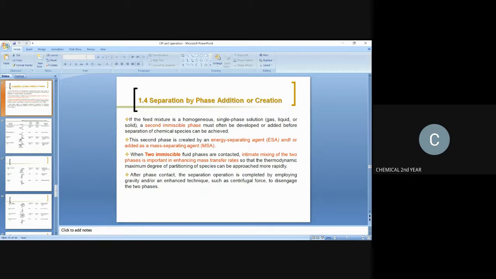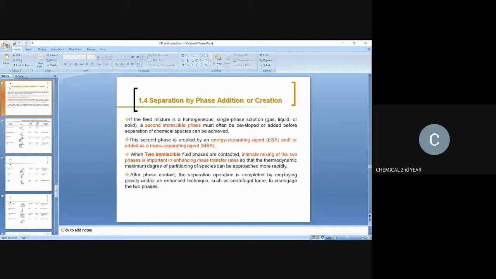When two immiscible fluid phases are contacted, intimate mixing of the two phases is important in enhancing mass transfer rates so that the thermodynamic maximum degree of partitioning of species can be approached more rapidly.